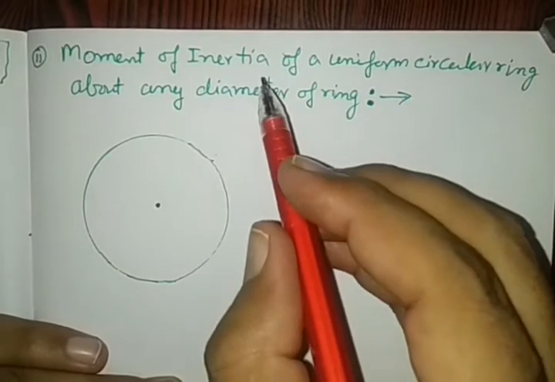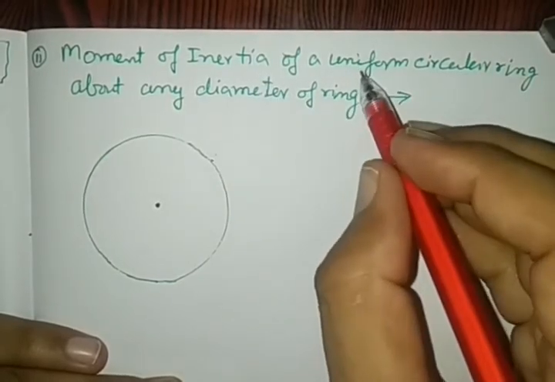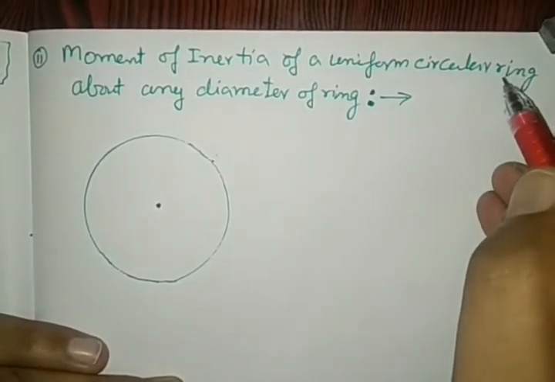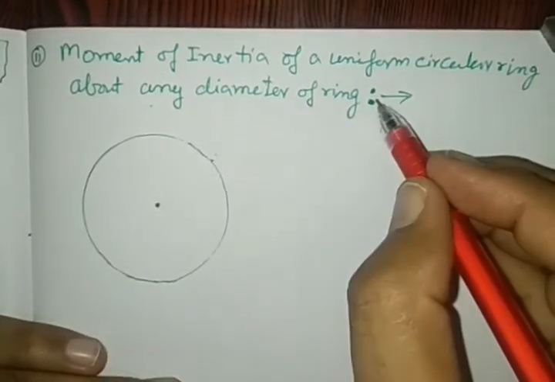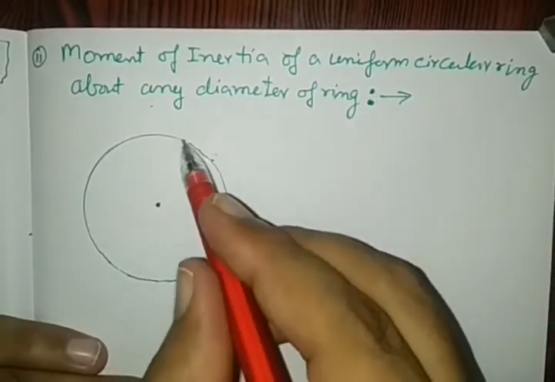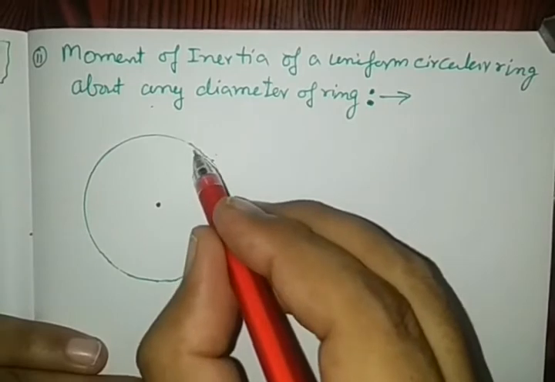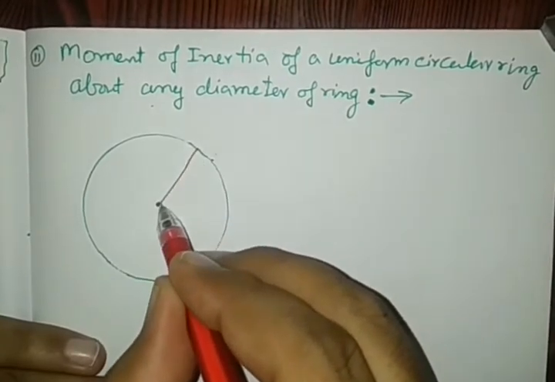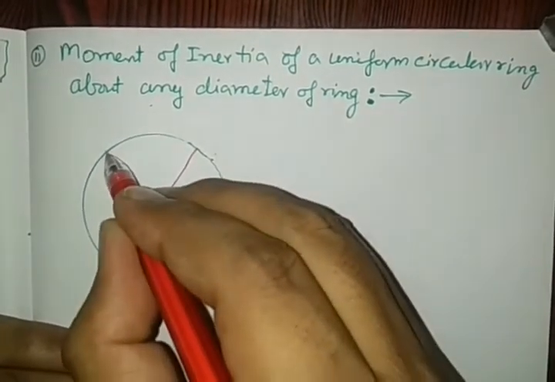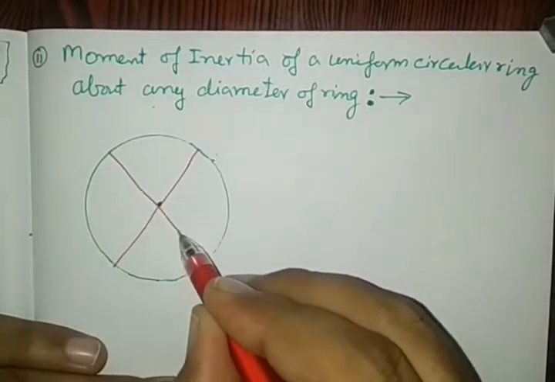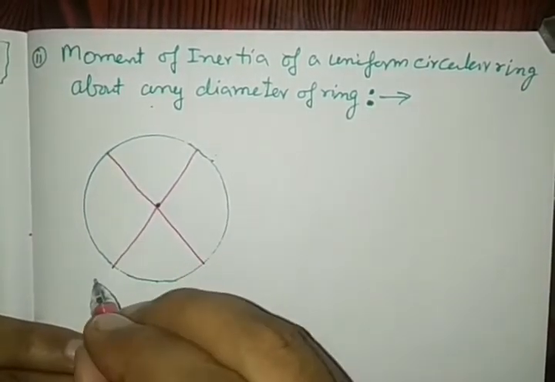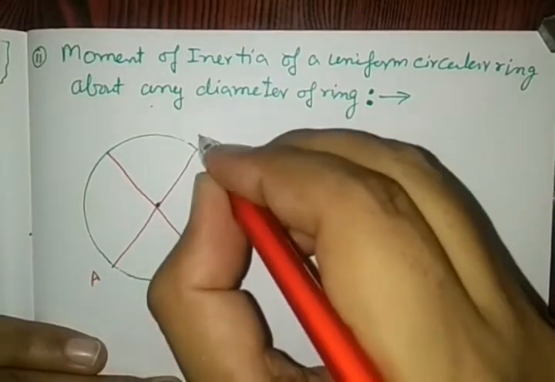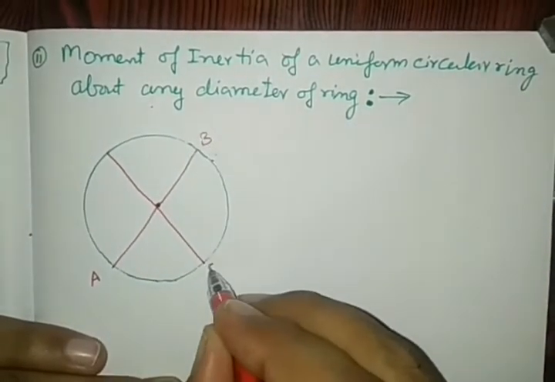Now we are going to calculate the moment of inertia of the same ring about any one of the diameters of the ring. See, this is a ring. We are going to select any two diameters, named AB and CD.